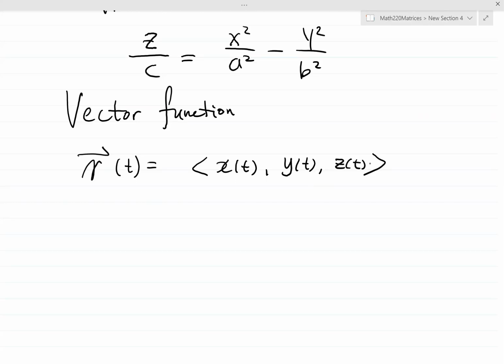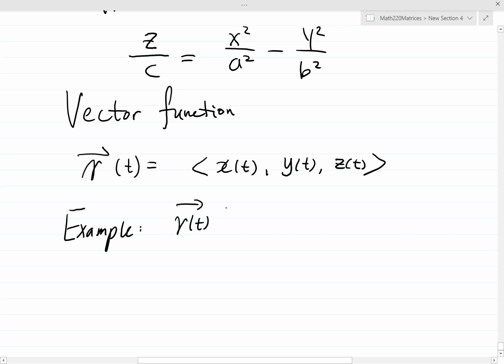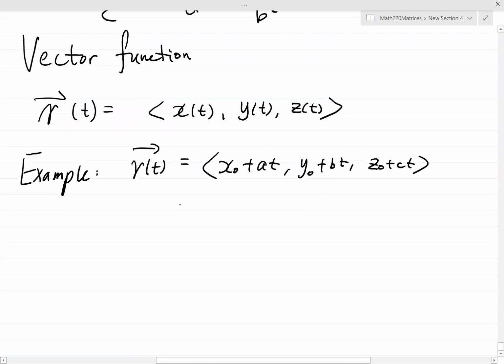Example: r(t) is x0 plus at, y0 plus bt, z0 plus ct. So we can write it in vector form: x0, y0, z0 plus t times a, b, c.